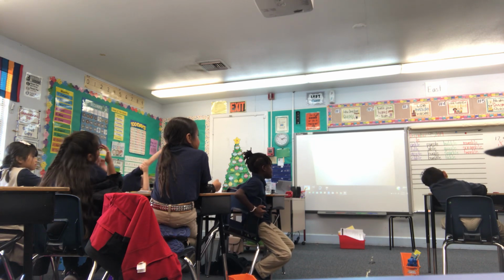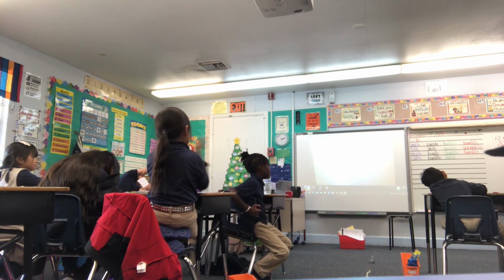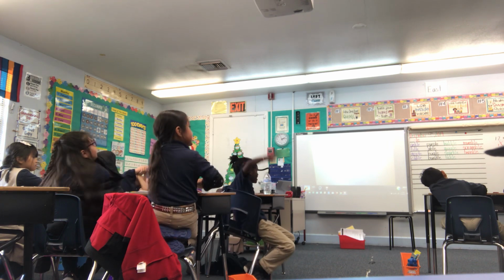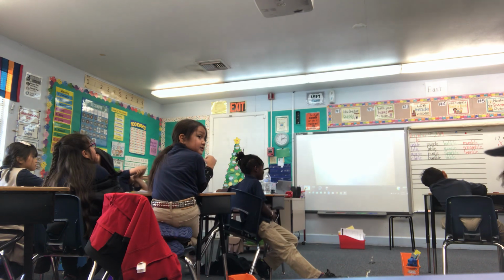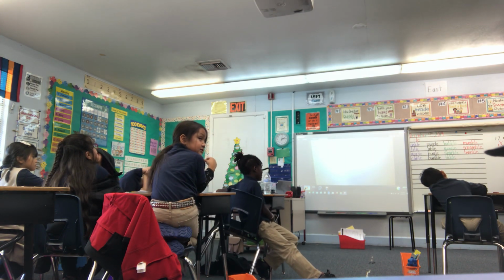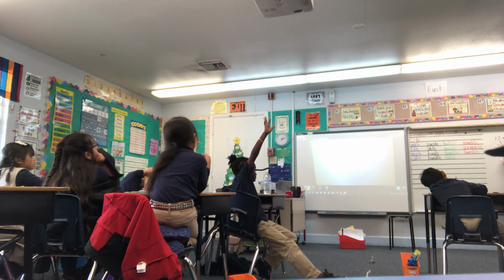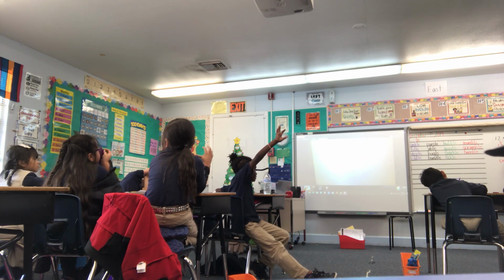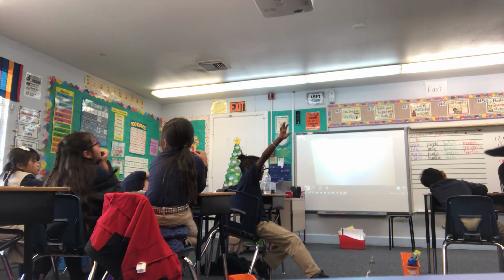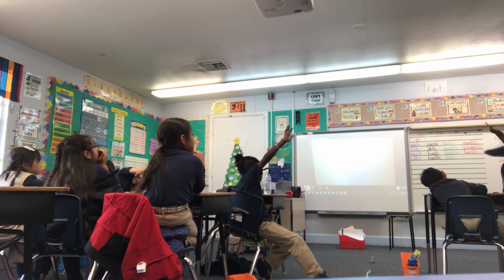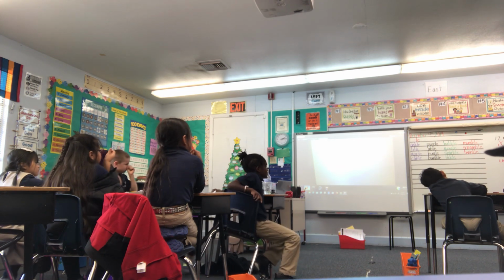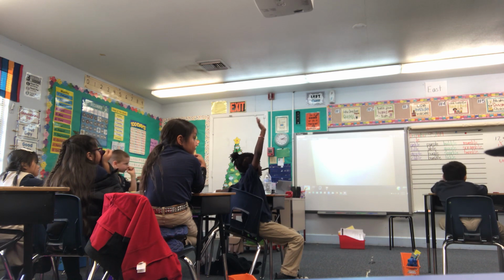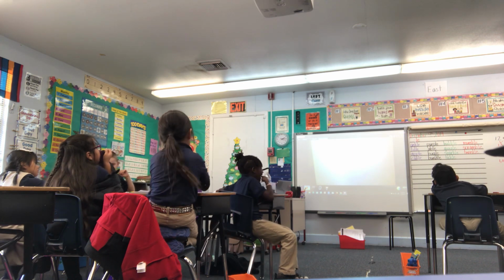Wow. Okay. What are these numbers? Let's see. What's 1,000 plus 100? Yeah. What do you think it is, Connor? 1,100. Okay. And what is 2,000 plus 3,000? Aiden. 5,000.